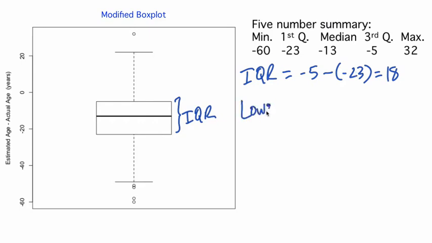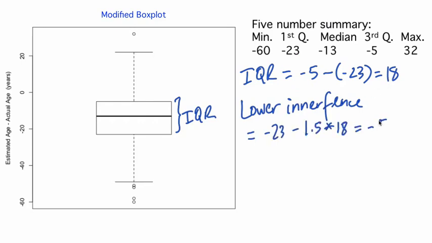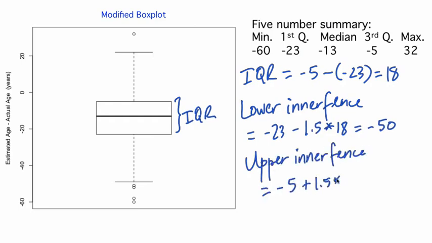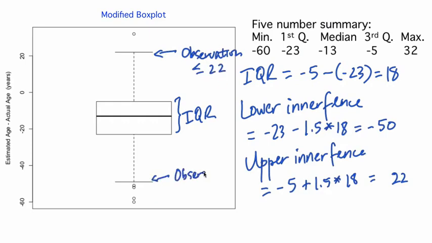For the lower inner fence, then, we calculate the first quartile, -23, minus 1.5 times the interquartile range, 18, which gives us -50. Similarly, for the upper inner fence, we calculate -5 plus 1.5 times 18 and get 22. In a modified box plot, the whiskers extend to the observations that are closest to the fences but still within them.